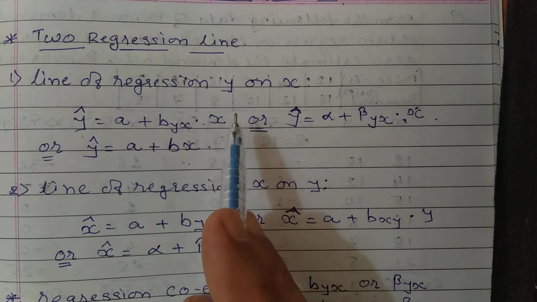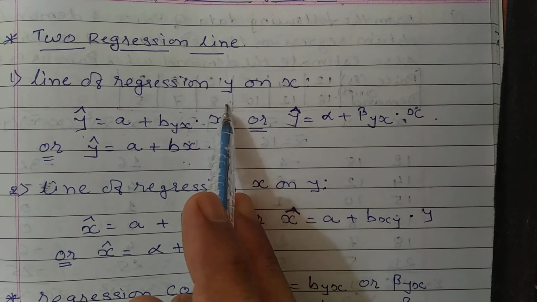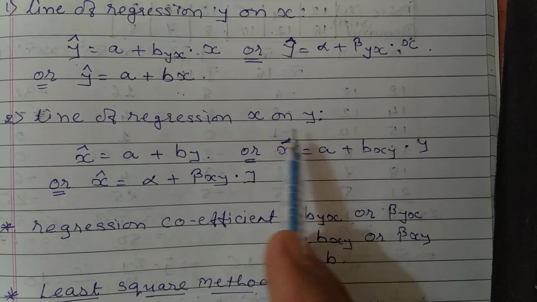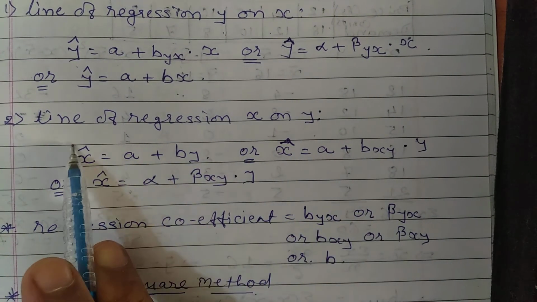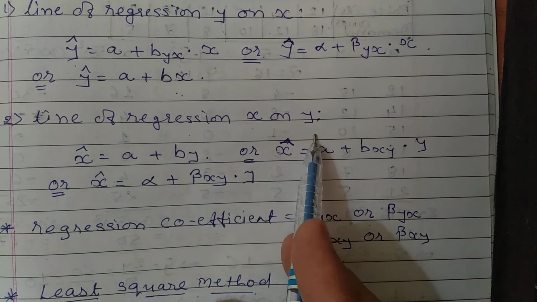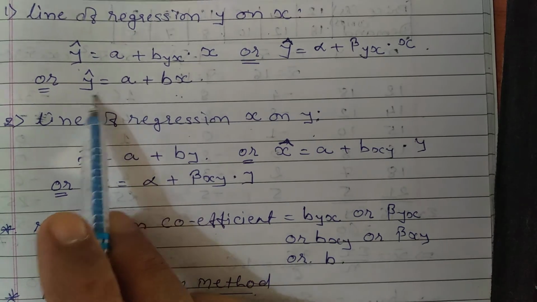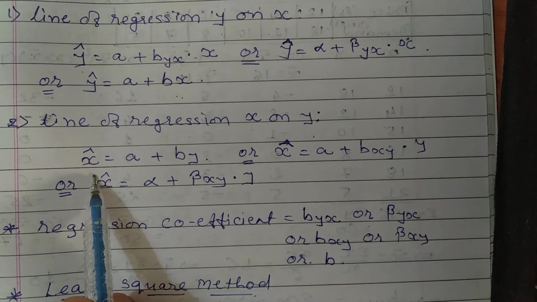Now, that was the equation of y on x. Now we are supposed to find x on y, that means the line of regression of x on y. This is denoted by x cap. Here it was y cap, here it is x cap. Why? Because we have to find the regression line of x.